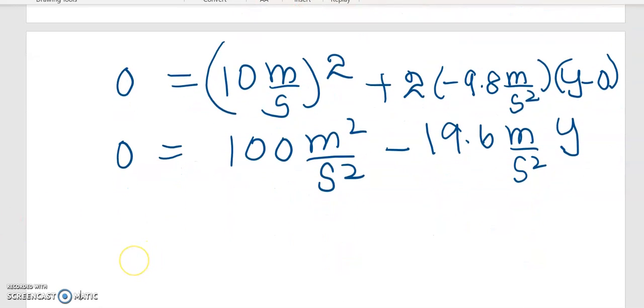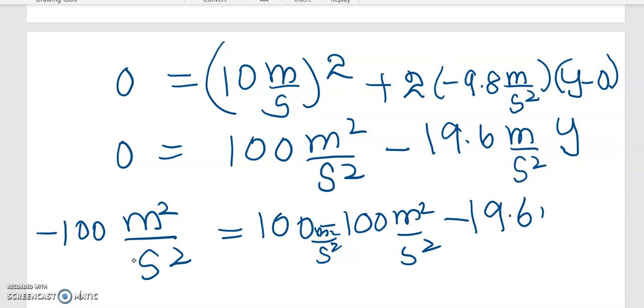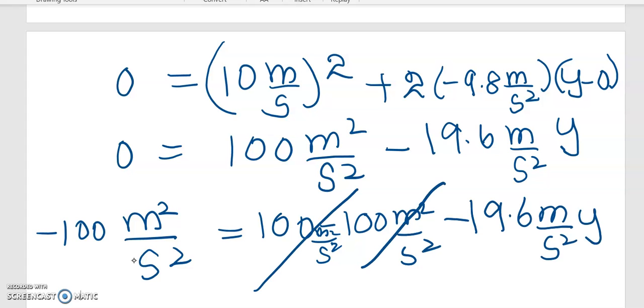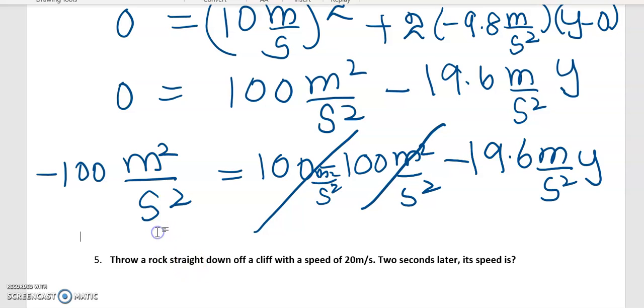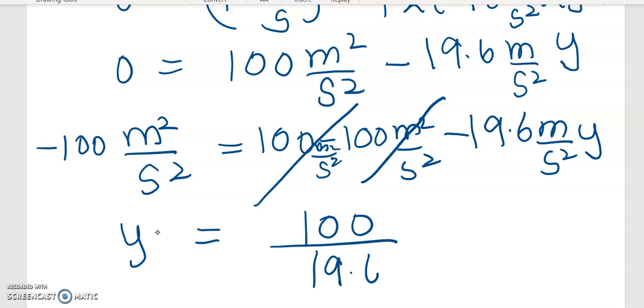You can subtract 100 from both sides of the equation because I need to separate y on one side. This will cancel out with that, and I get y is equal to 100 divided by 19.6.